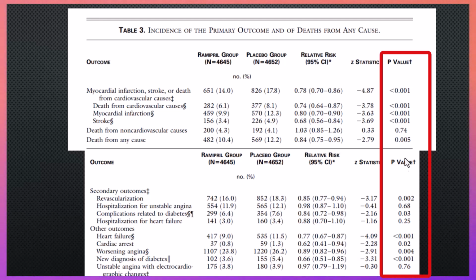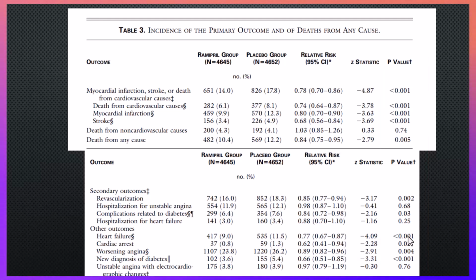And then our secondary outcomes, we have a combination. We have significant, insignificant, significant, insignificant. Again, our key is: is it less than 0.05? If it is, it's statistically significant. And each outcome, each result, has its own p-value.